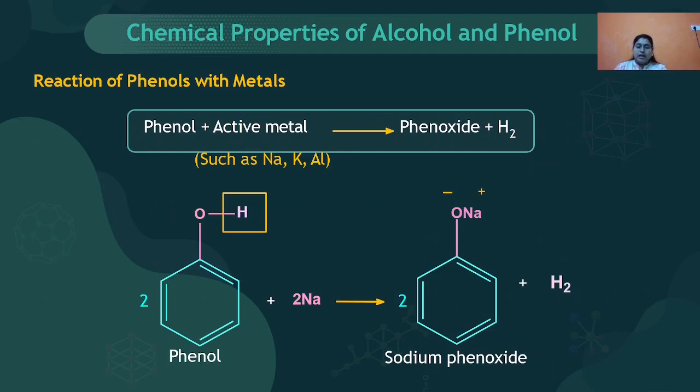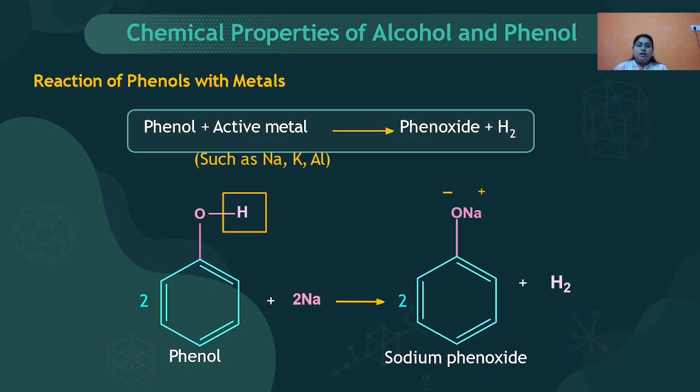Now we are going to see how phenol reacts with metals. Phenol is actually a very interesting compound, and it has many applications in day-to-day real life. As I said, it is also a kind of organic compound.